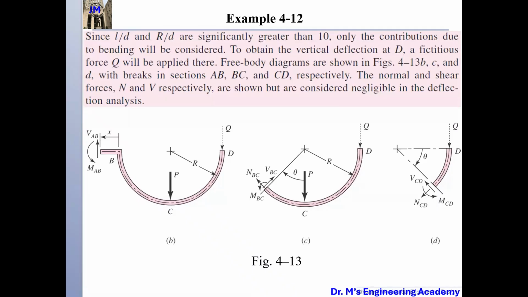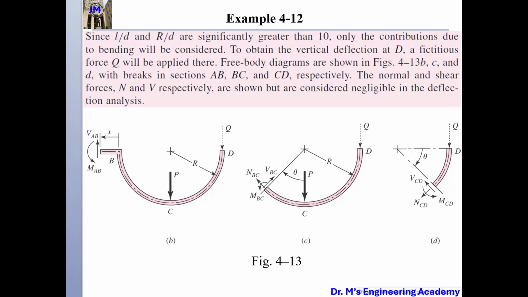One is P, one is Q, even though Q is fictitious. You understand? And then we can just calculate based on the moment balance equation: MBC equals the bending moment generated by P plus the bending moment generated by Q.